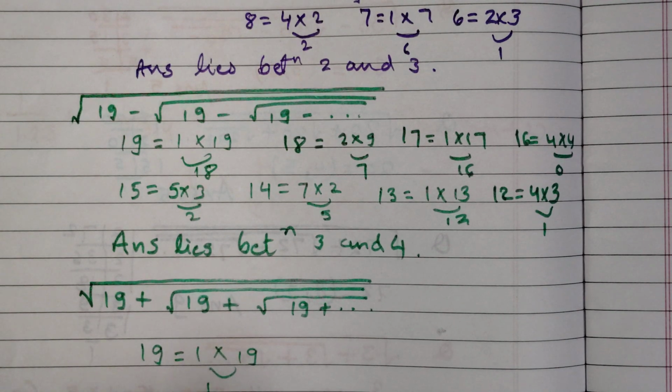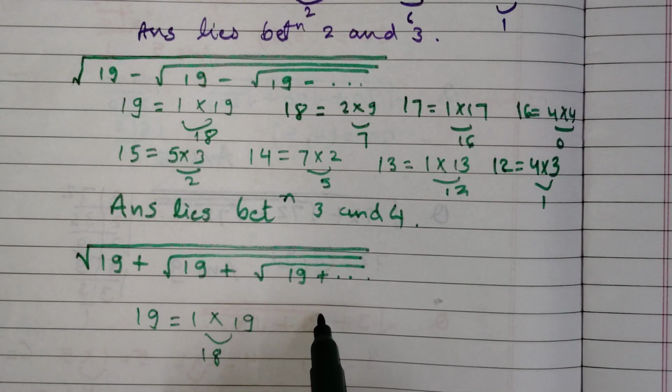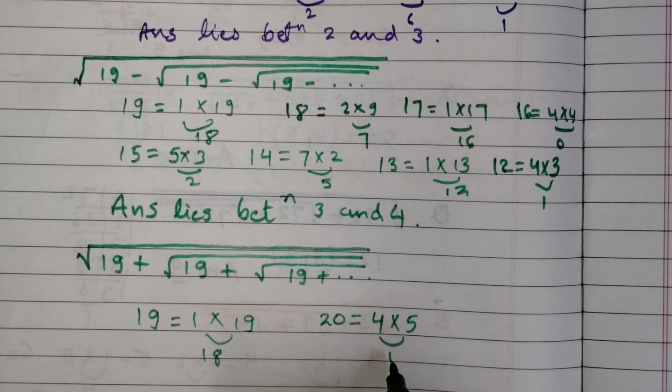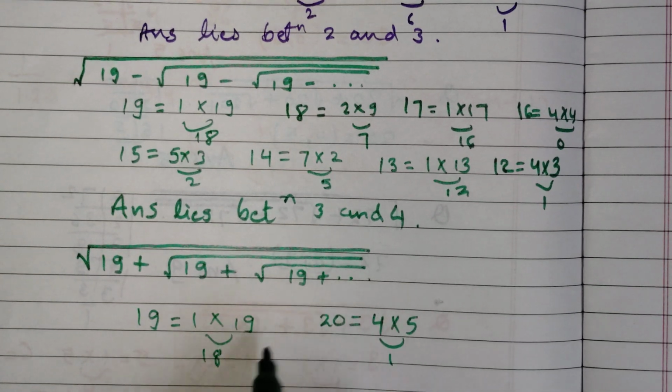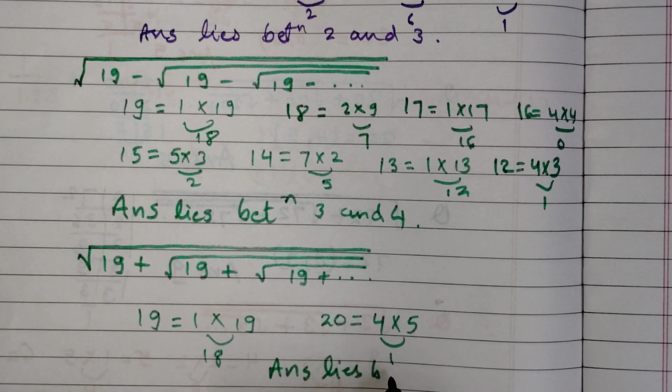Its difference is 18. So it is rejected. So we take the next number after 19, that means 20. It has factors 4 and 5, which have a difference of 1. So it is the answer. What is the answer? The answer lies between 4 and 5.